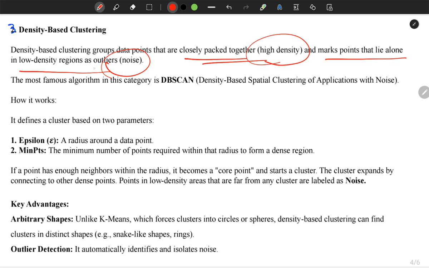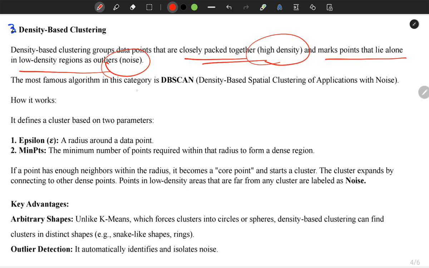Which data objects are closely packed together? That is where the high density is. All the data points which are closely packed together, it clusters them and forms one cluster, and marks the points that lie alone in low density regions as noise. This will become clearer when I consider a real-world example.